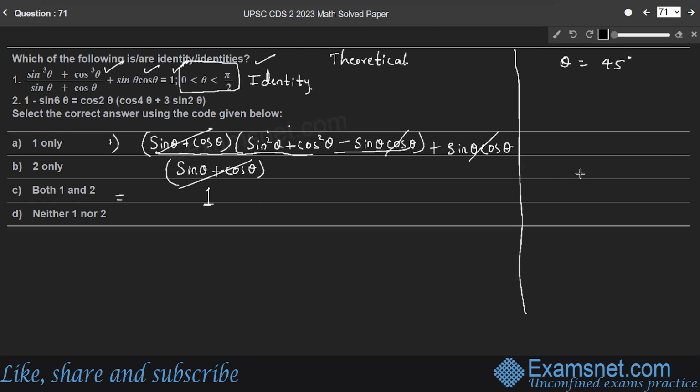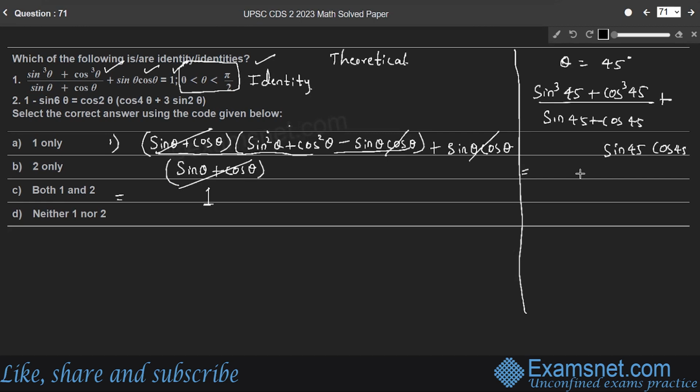Another method is by keeping theta as any value between 0 and 90 degrees. So we'll consider 45 degrees. Sine cube theta becomes sine cube 45 degrees plus cos cube 45 degrees, divided by sine 45 degrees plus cos 45 degrees, plus the second term, sine 45 into cos 45.